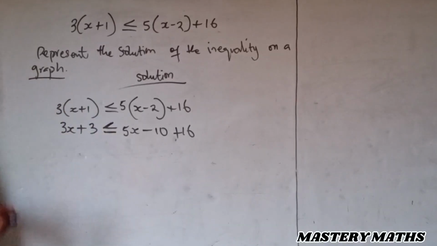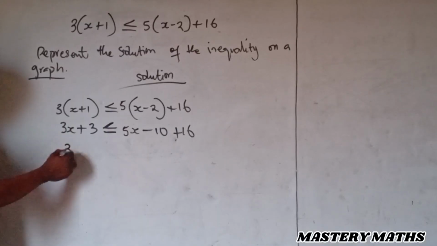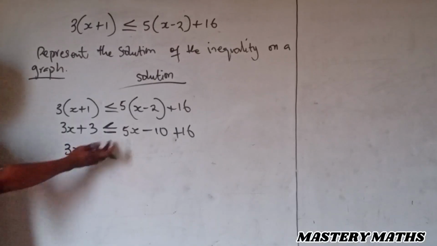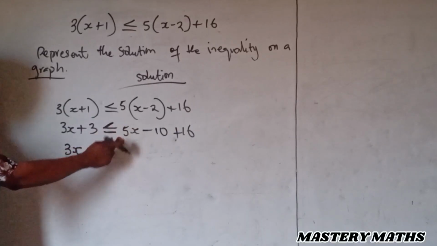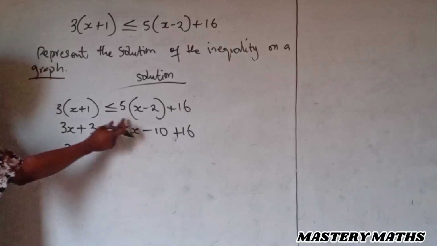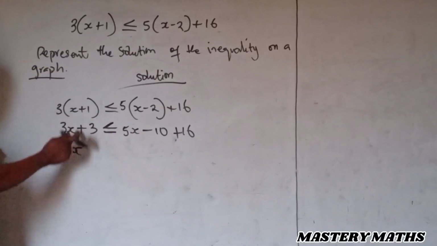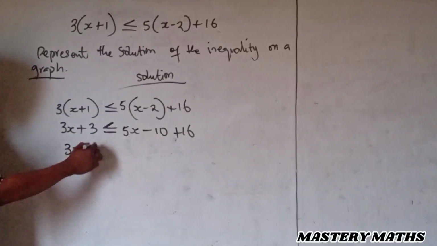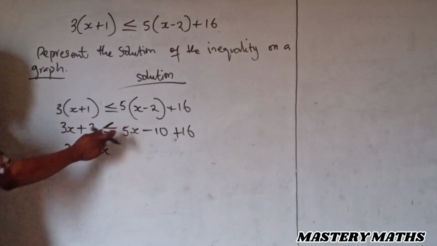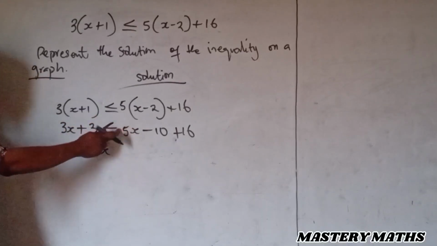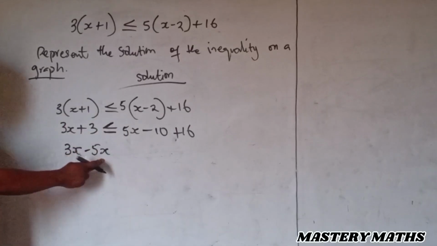How? Now, listen up. This 3x remains here. This is a positive 5x. When the positive 5x crosses this sign and comes to this side, it will change to negative 5x, because the sign has crossed the inequality sign.